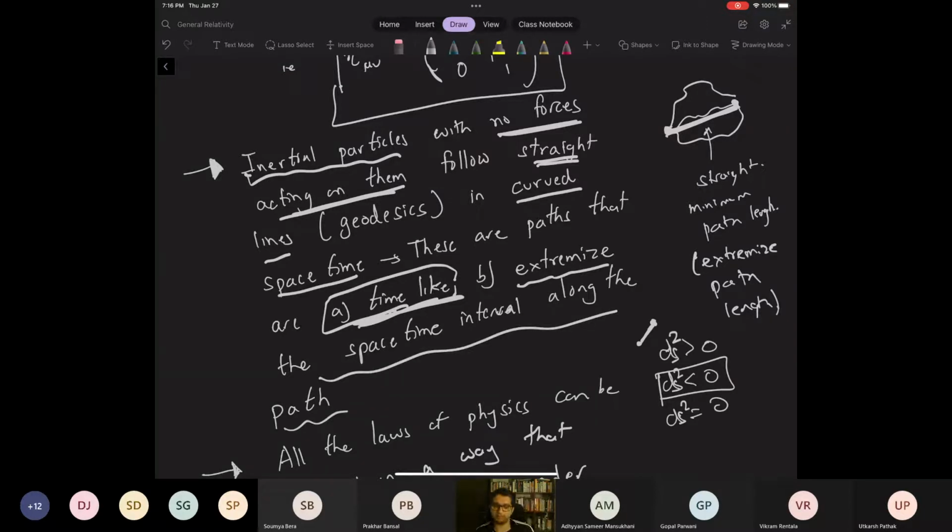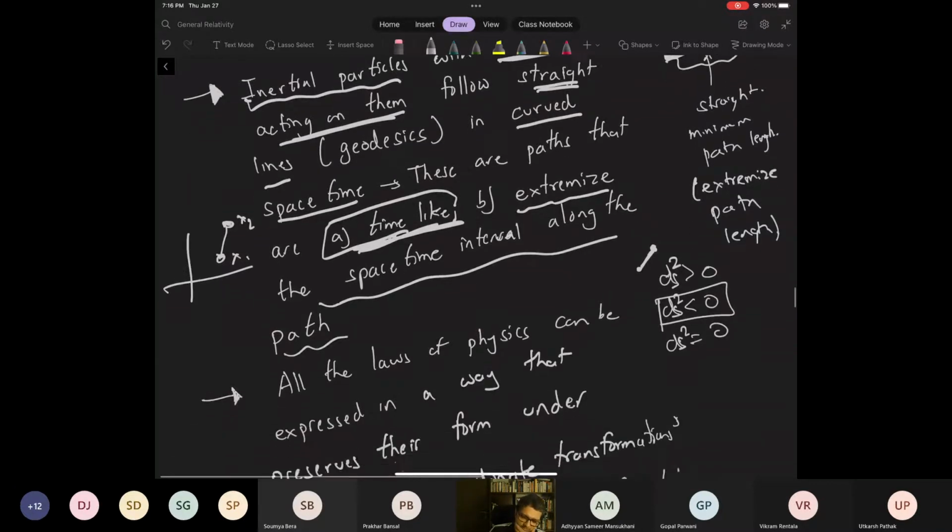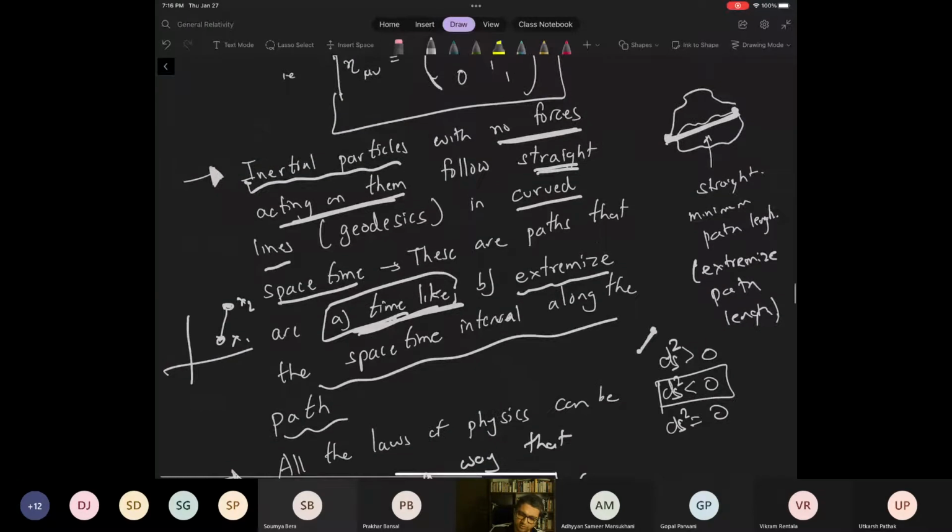So as we've seen, for example, in Minkowski space, you follow the longest path in spacetime between these 2 points. If I want to get from some spacetime point x1 to some other spacetime point x2, you will maximize the spacetime interval between those two along the path. This will be the characteristic feature that we will look for in the general theory of relativity.